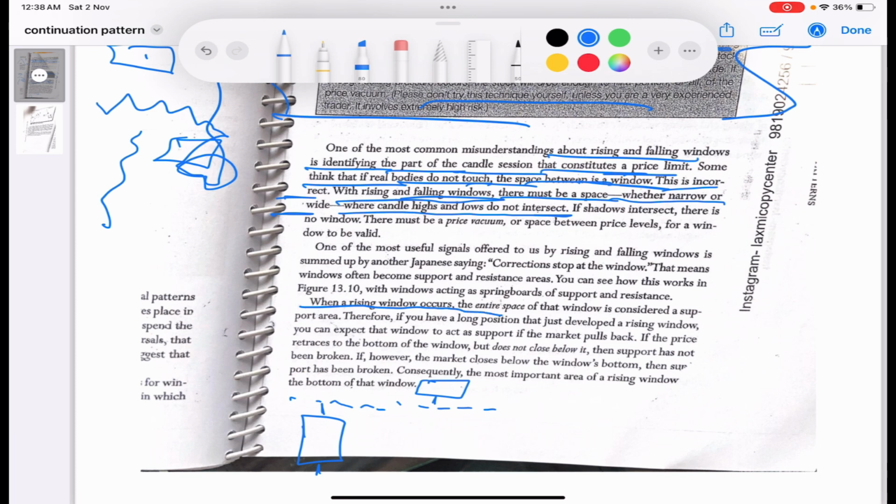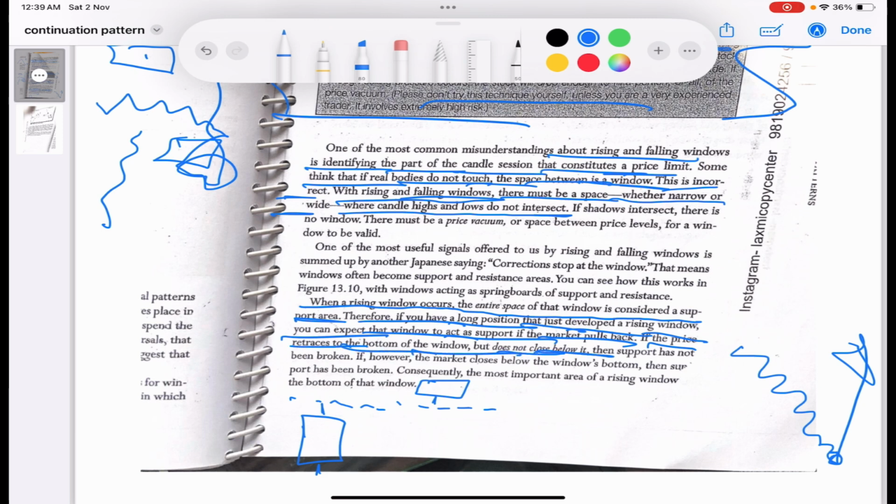When a rising window occurs, the entire space of that window is considered a support area. Therefore, if you have a long position that just developed a rising window, you can expect that window to act as support, and the market might retrace from the gap and go up again. If the price retraces to the bottom of the window but does not close below it, then support has not been broken.